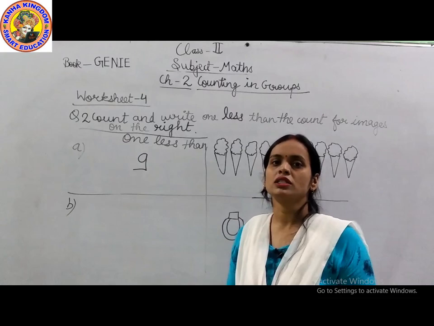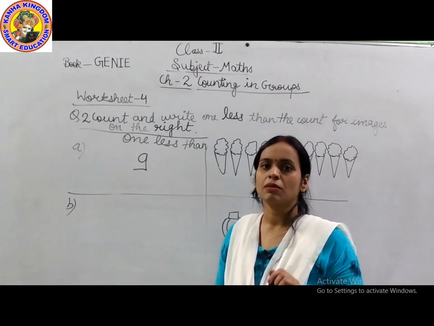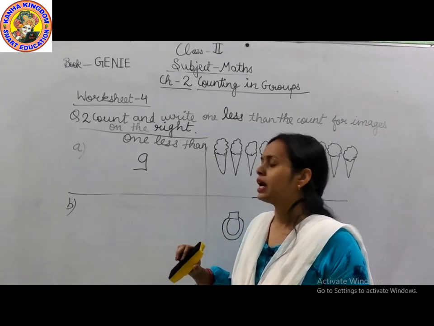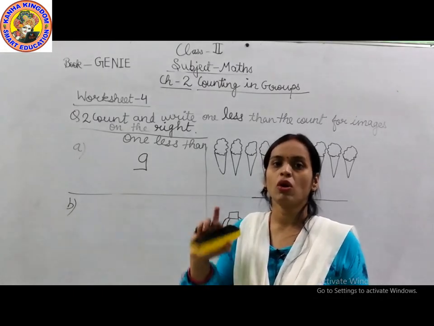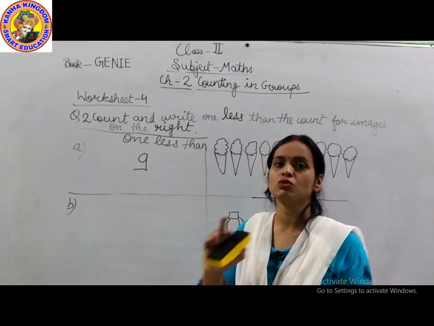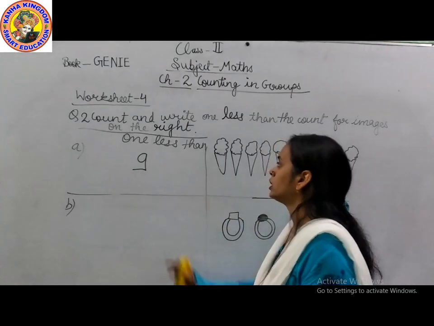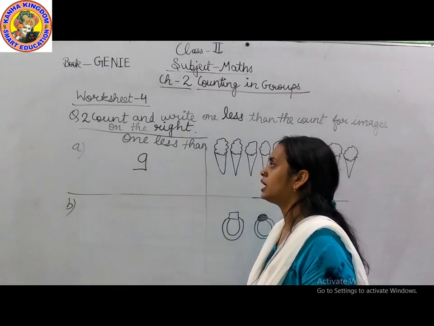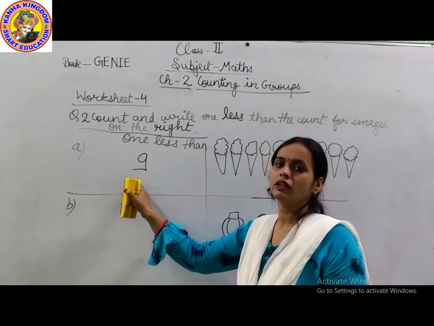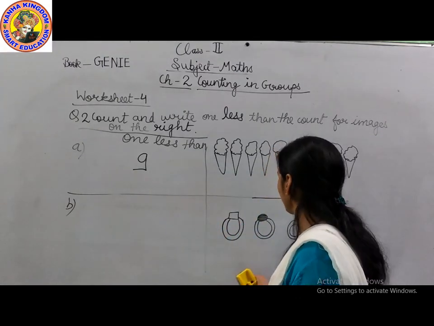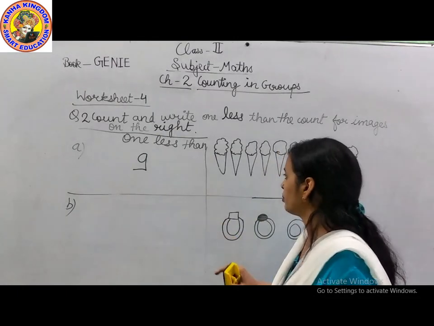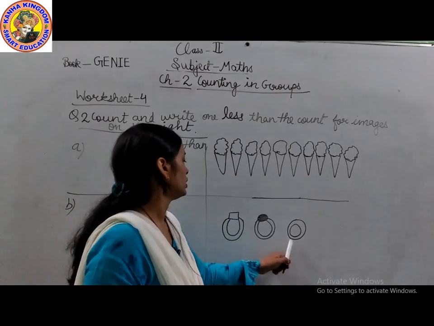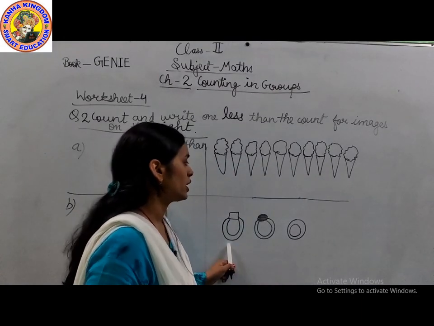One less than means we have to subtract 1 from the images, and one more than means we have to plus 1. Okay. So 1 less than means 10 minus 1, 9. So we have to write 9. Now question number B. How many rings are there? 1, 2, 3.